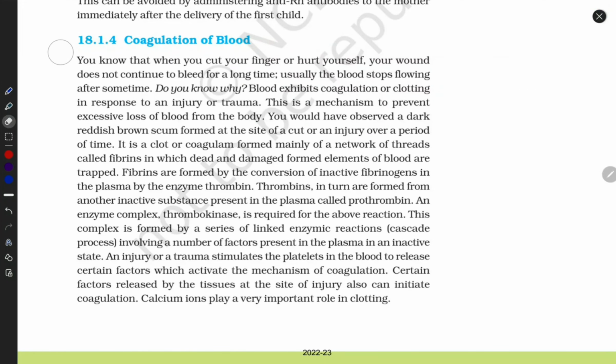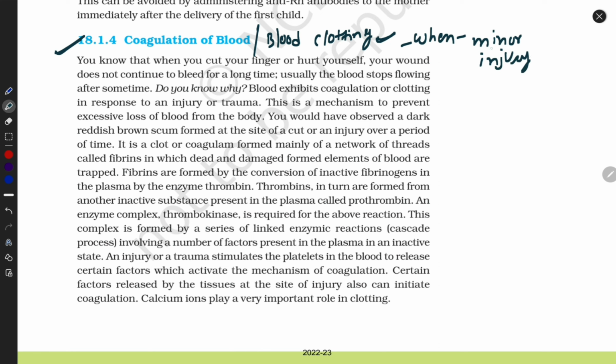Let's start with our new topic, coagulation of blood. We can call it blood clotting. This process occurs when you have some minor injuries. This injury can be external, and it may be internal also.